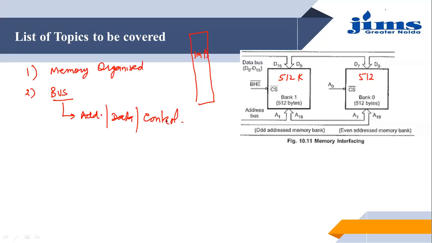We are able to generate them. You can generate the control using either logic gates, or you can make use of an IC, which is a decoder, depending upon your requirement. If the design is very simple, you can go with logic gates, but if the design is going to be a little complex, you can make use of decoders.